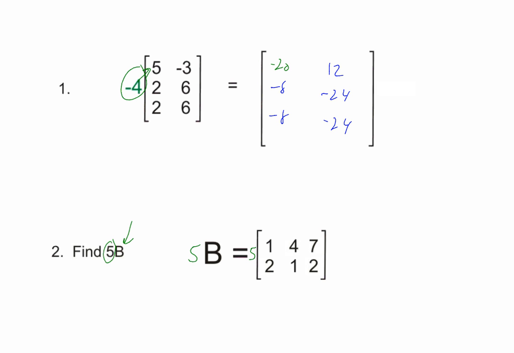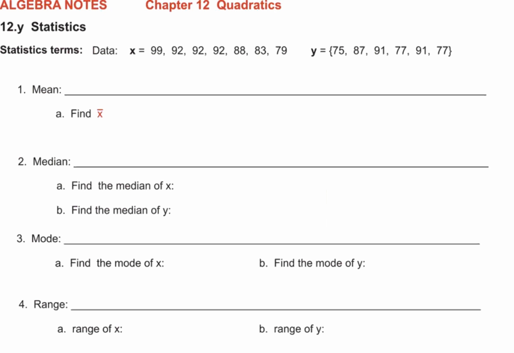All right, that's matrices. Again, my advice is review that. Let's go through some statistics. All right, the mean. What's the common word for the mean? The mean is the average. Can't forget that. This is all review from pre-algebra.